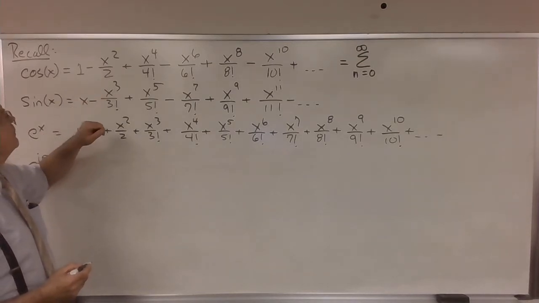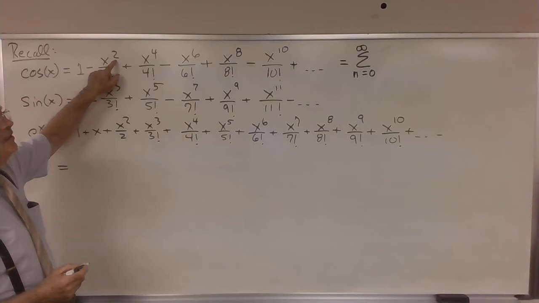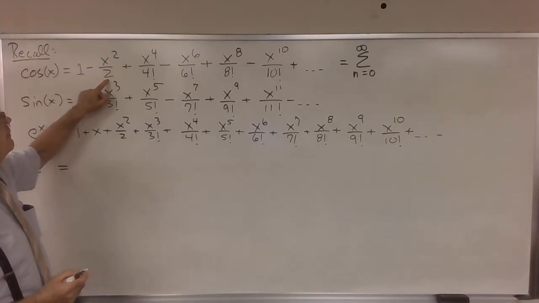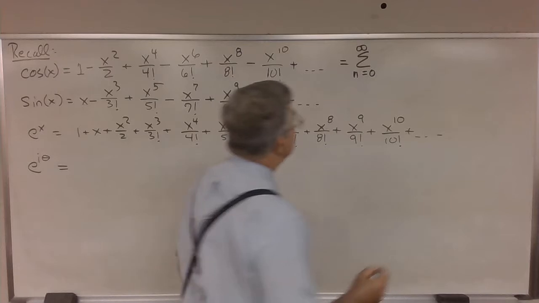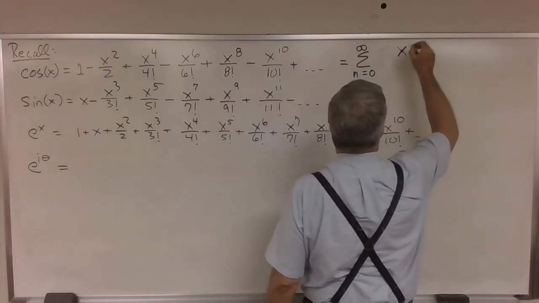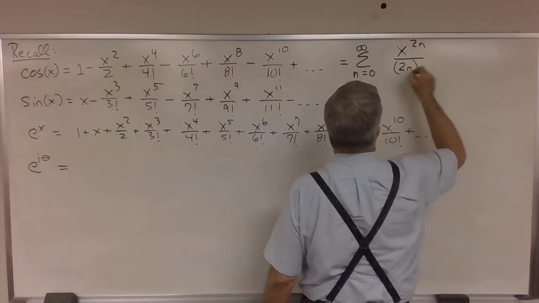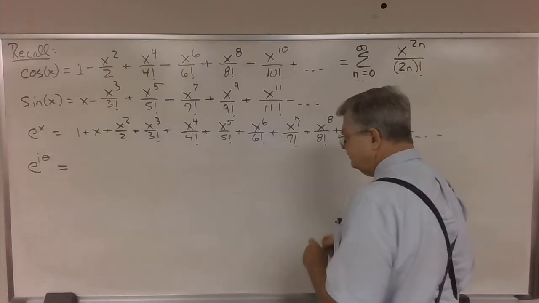Whatever n is equal to, the exponent is twice what n is. The exponent is 2n, and the denominator is 2n quantity factorial. So we have x to the 2n over 2n quantity factorial.